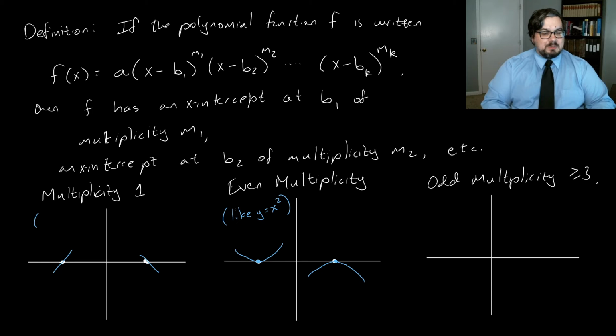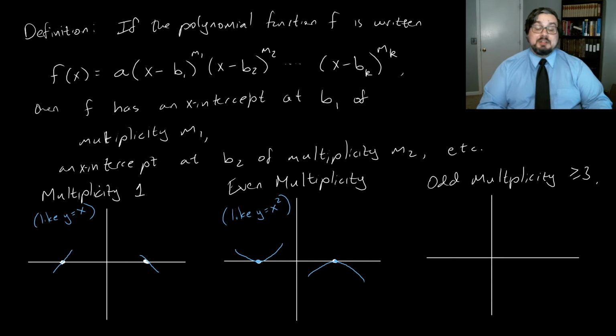Multiplicity 1 is like the graph of y equals x, a linear function that just passes straight through. Even multiplicity has an intercept that looks like the graph of y equals x squared, the parabola, and an odd multiplicity function has a graph that looks like y equals x cubed.